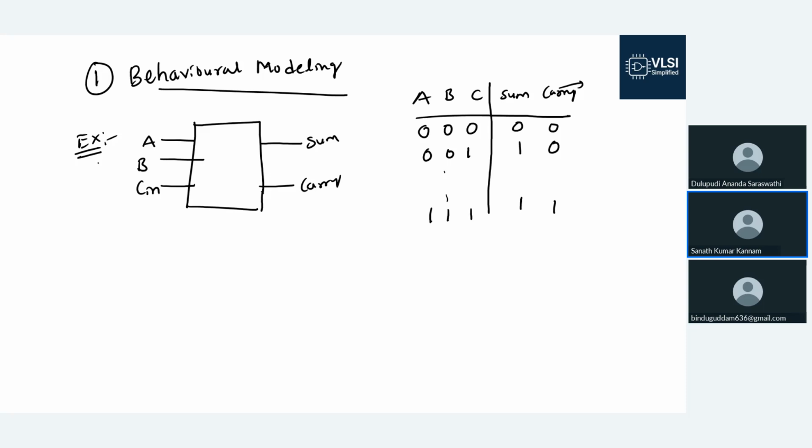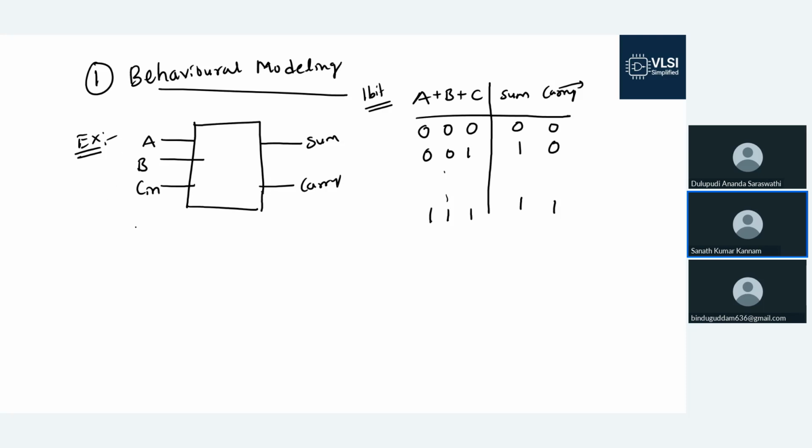So that means it will show the behavior of the circuit, how the circuit is doing, what the circuit is doing. From this we can say that it is summing, adding the values of these 3 bits, as a 1 bit adder. After adding, you are getting 2 outputs, sum and carry.